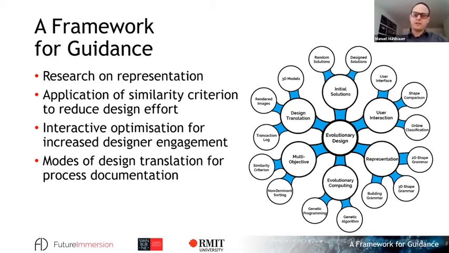And moving along: evolutionary computation, multi-objective optimization, thinking about the similarity criterion and introducing that, and then sticking to the focus on interactivity and really developing those approaches of interactive optimization to increase the designer engagement during the process.